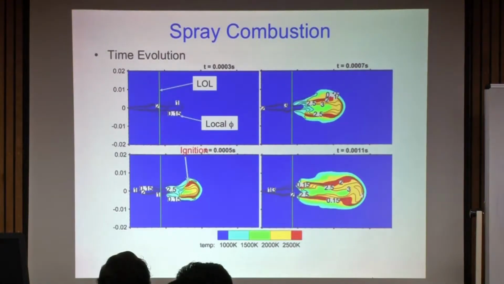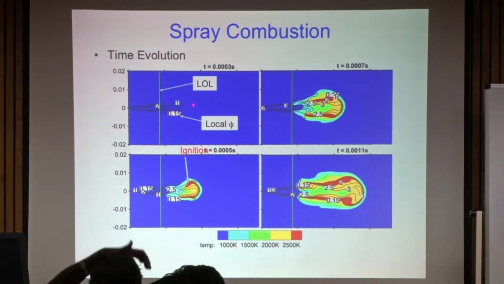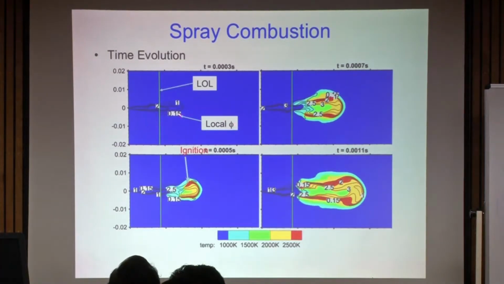So this shows the transient process. This is the spray, and what is plotted is the local equivalence ratio. Inside it is 2, 1, and then outside is lean.